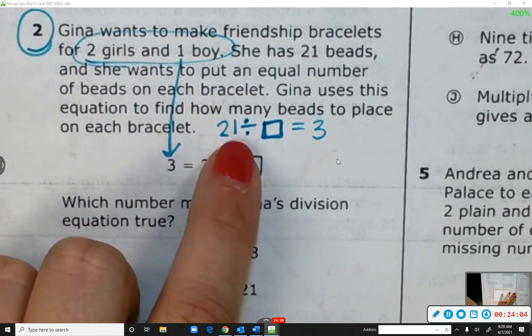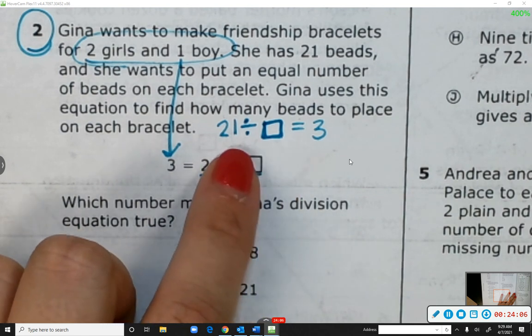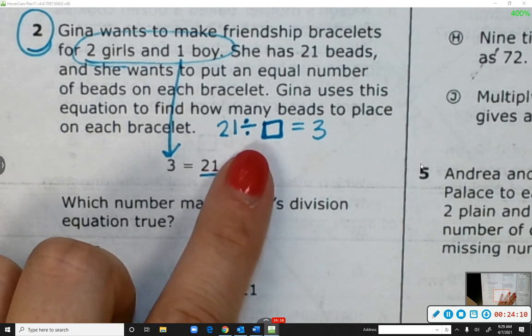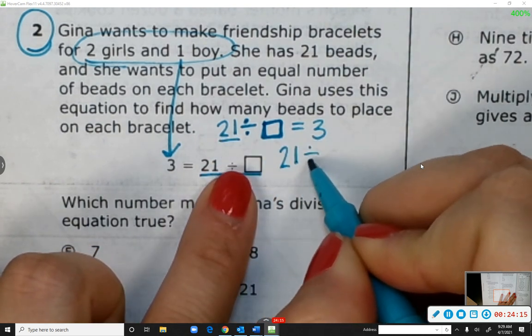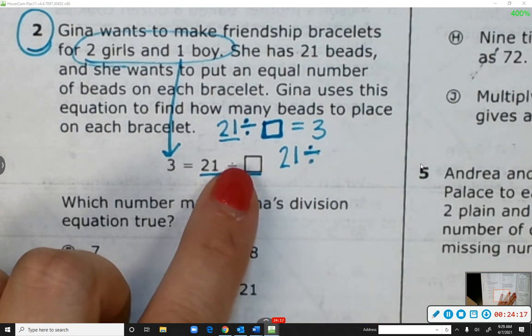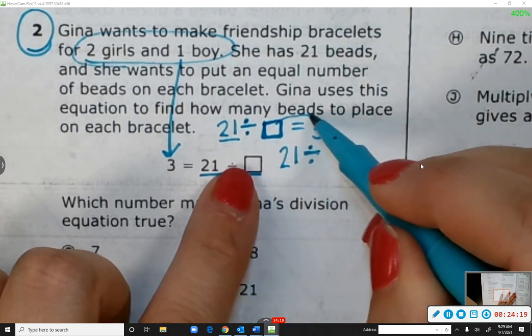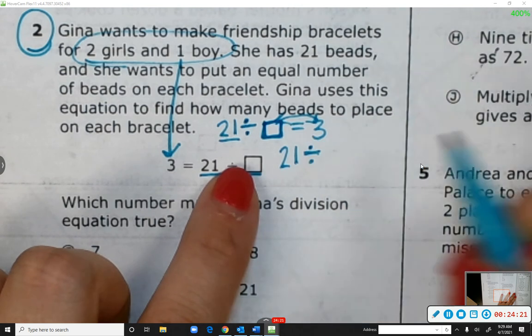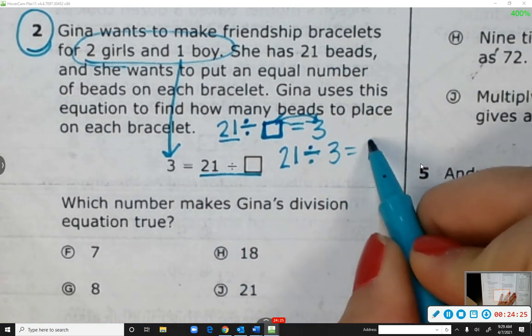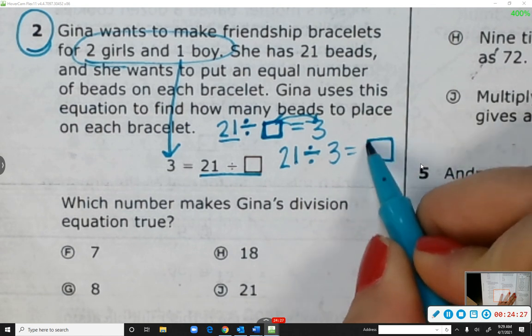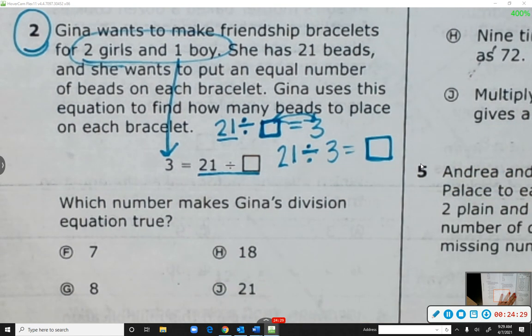Does it stay in the front, or do we move it? Stays in the front. For a division number sentence, the biggest number stays in the front. Okay? The only ones we flip around are the last 2, like this. So now I can flip around the 3 and the missing number. Is that an equation we can work out?